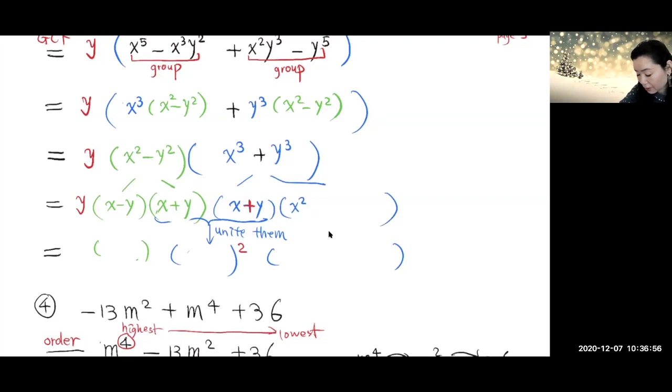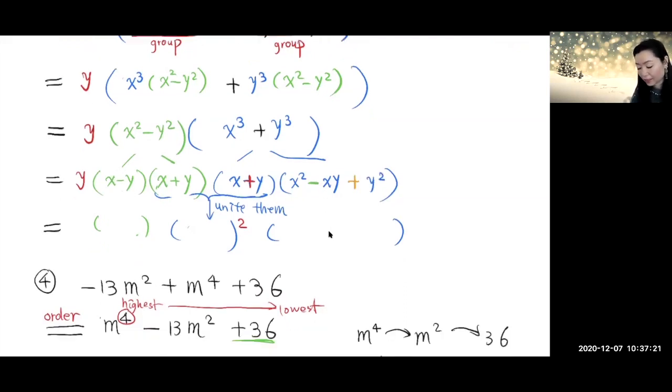Okay. And then xy. Finally, the last one over here is addition. Okay. It's always addition. And always plus at the end. And then y squared right here. Okay.